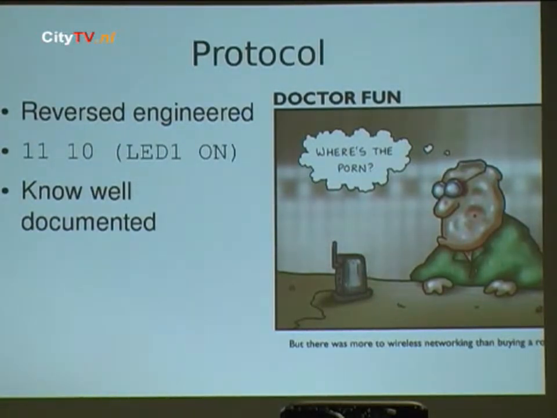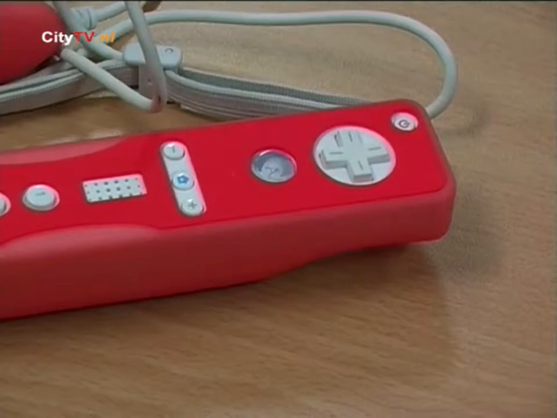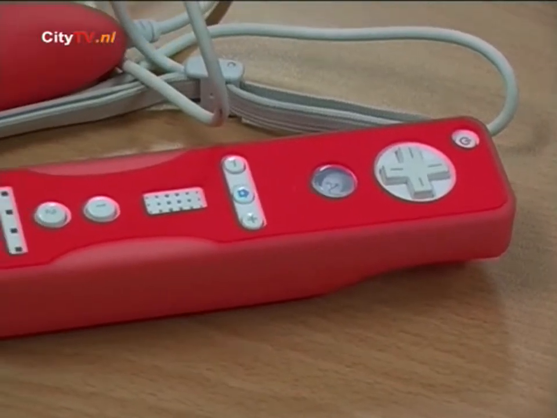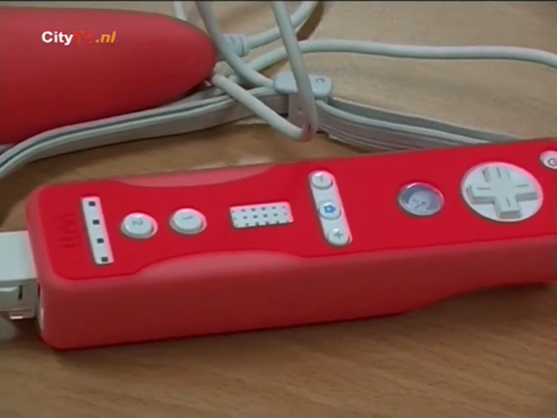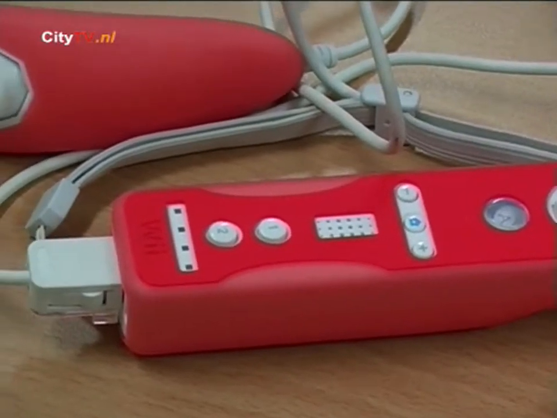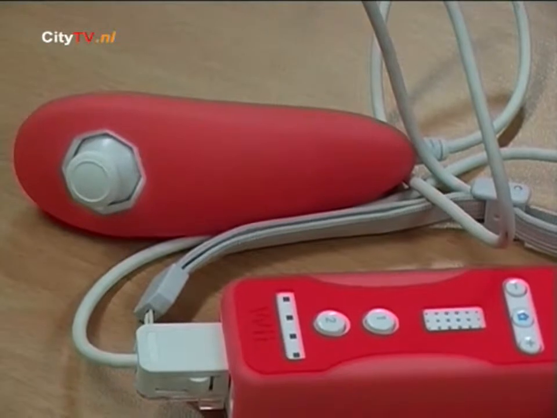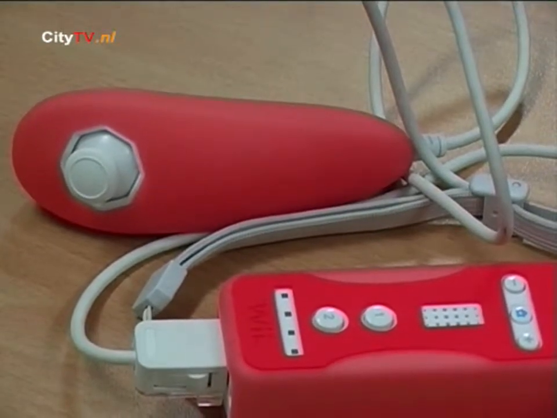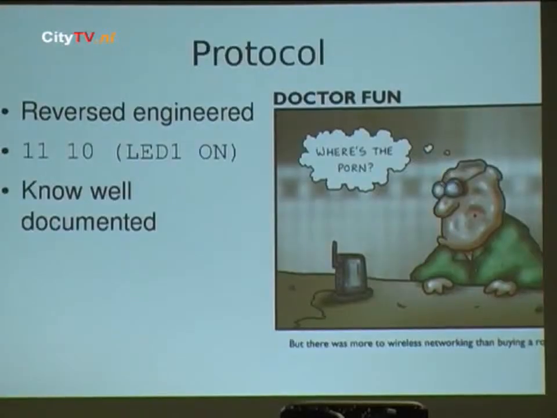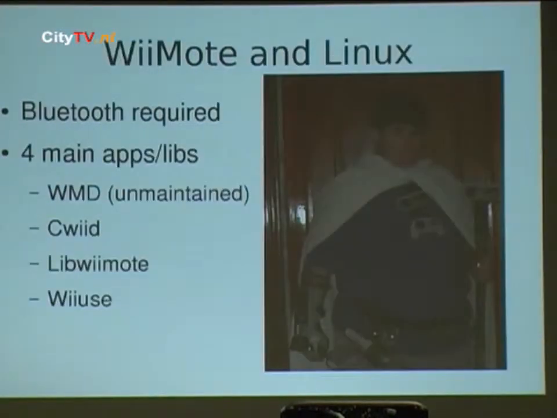There are loads of people in the world who try to do this, and there's this wiki page, and everyone updates it as soon as he finds something. But lots of people start this, they say, oh, it's funny, they do it, and then they stop doing it. So there's actually not really a maintained library. We're starting to, or want to start this. The Wiimote and Linux.